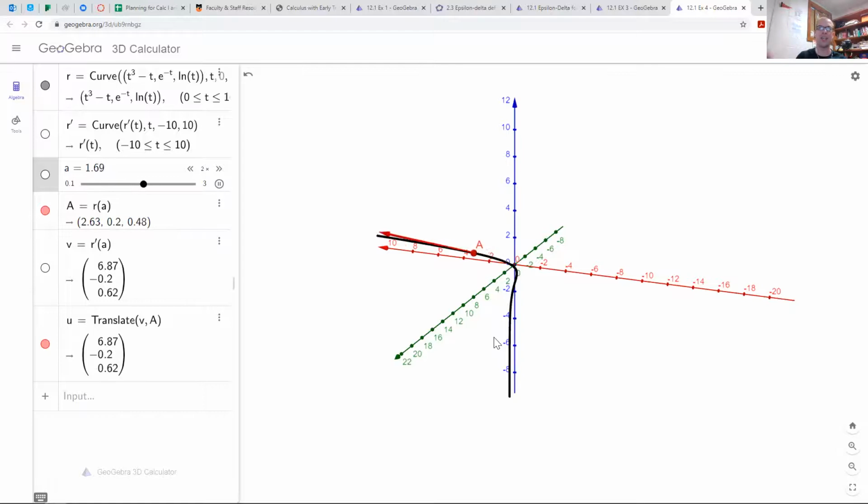Like a change in t induces a change in how fast the point's moving. So I like to look at things like that.